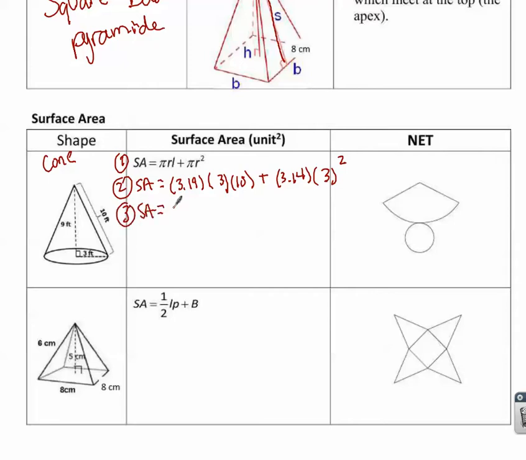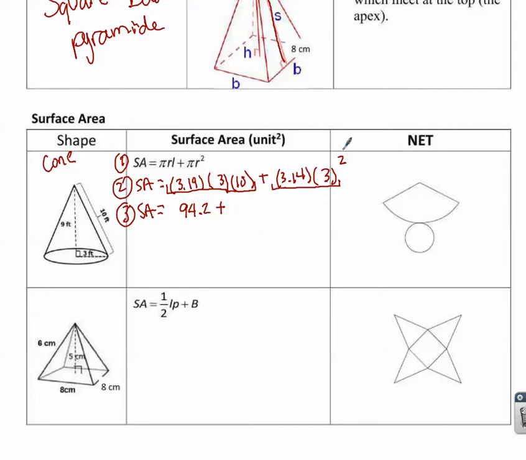Remember, order of operations states that we need to multiply before we add. So I'm going to type in my calculator 3.14 times 3 times 10, and you should get 94.2, plus, here you need to find your power first.